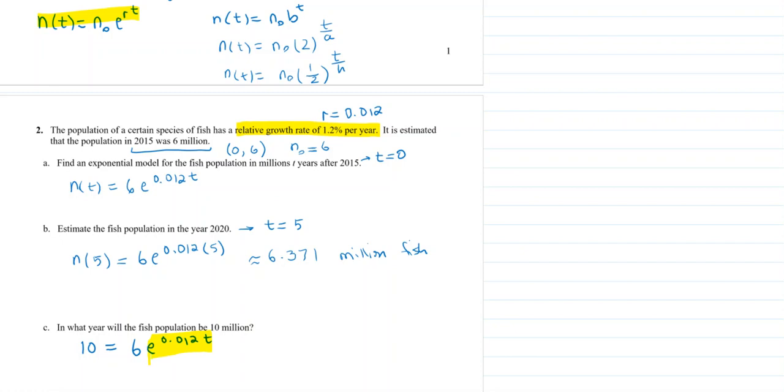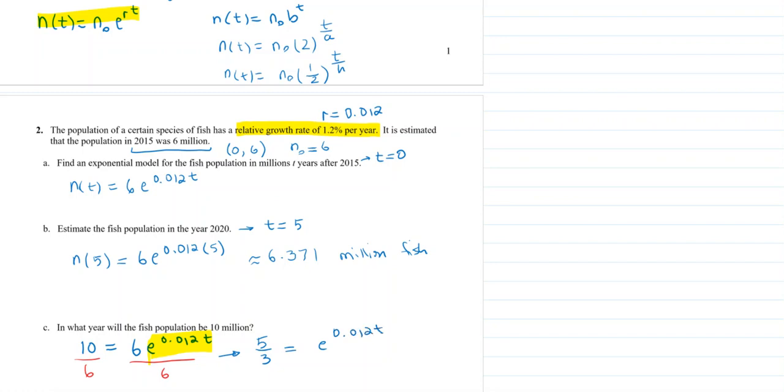So I'll have to get rid of that 6. We can do that by dividing both sides by 6. 10 over 6 simplifies to 5/3, but I wouldn't write a decimal approximation. Remember, we never want to round in the middle of a problem. So 5 over 3 equals e to the 0.012 t.